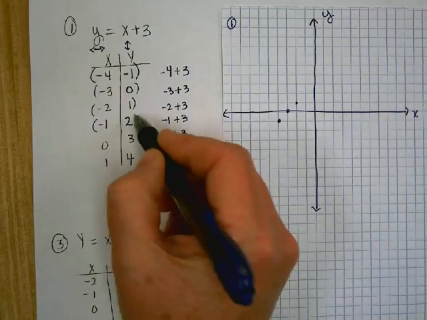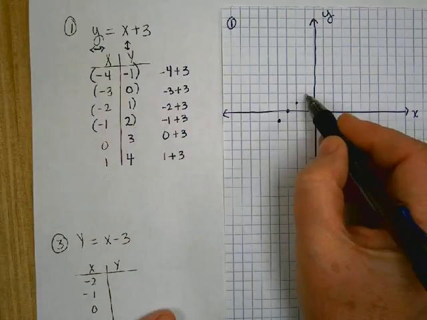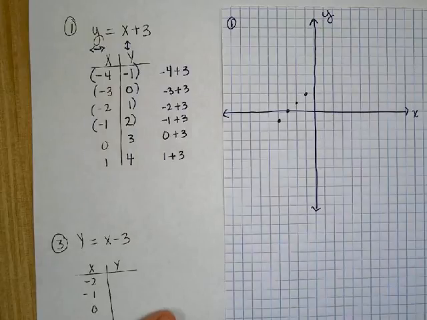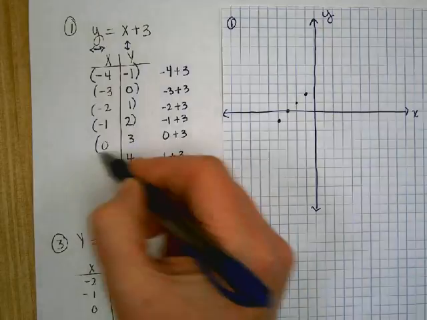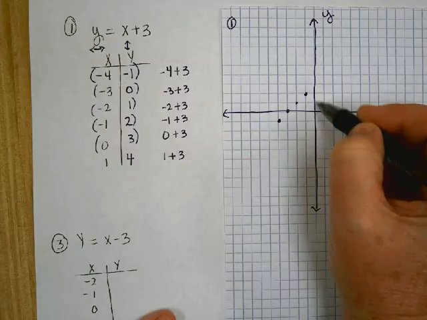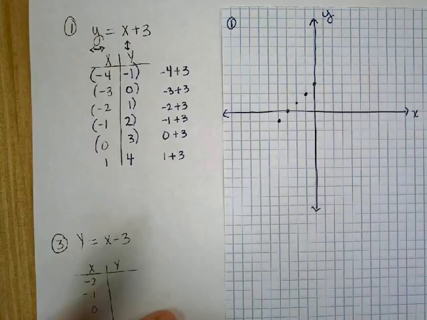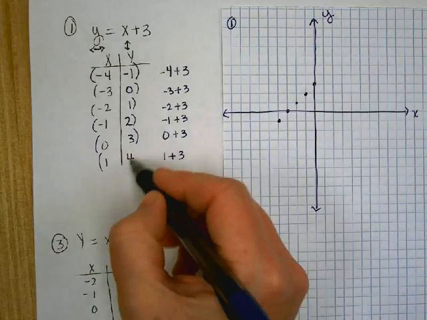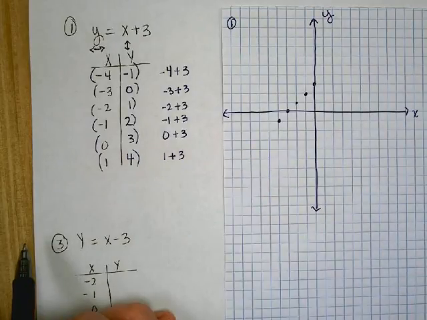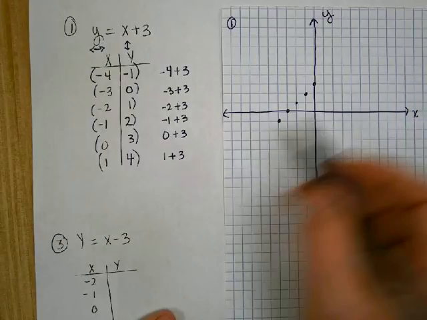Negative 1, 2. Zero, 3. Go left or right 0 and up 3. And 1, 4.